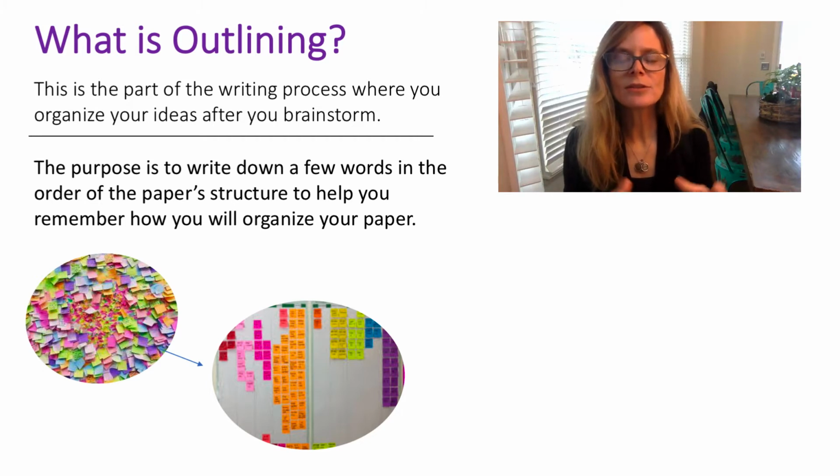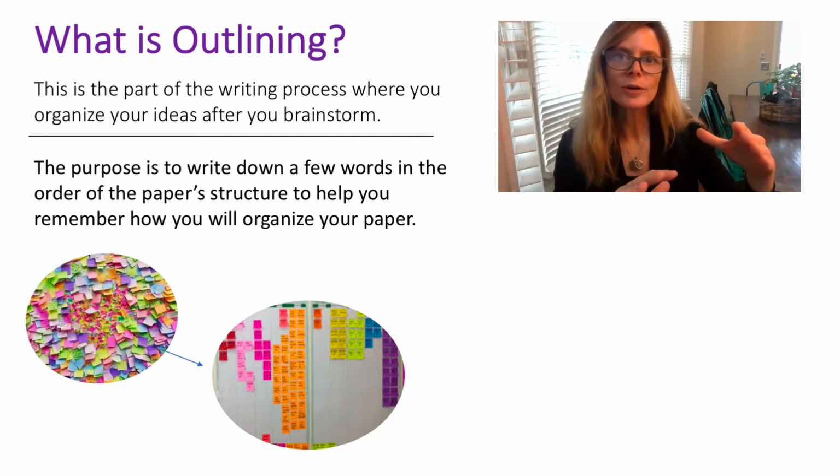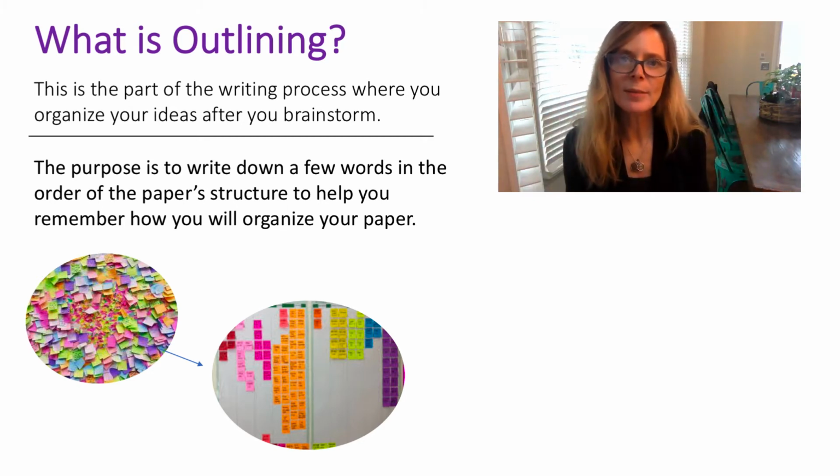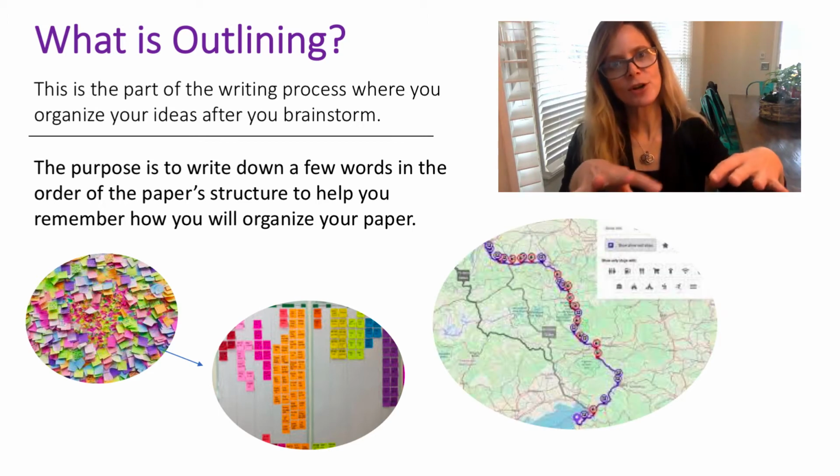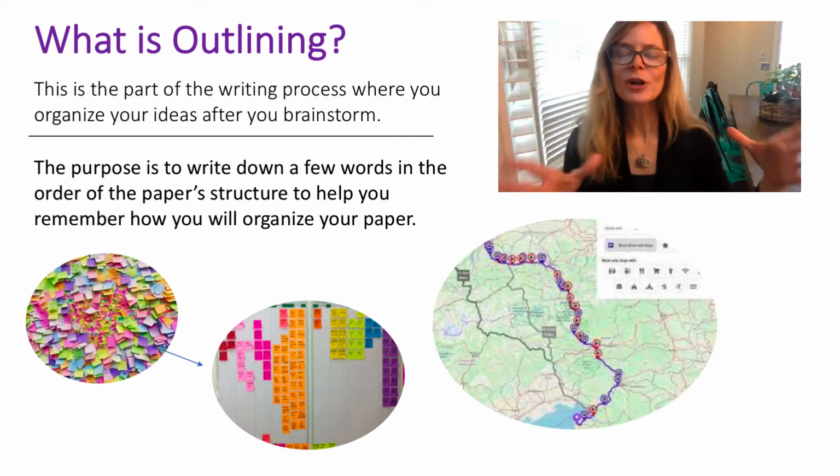But you want to write your ideas down in the order of the paper structure to help you remember and to organize your paper. I like to think of the outline like a map of where you're going. When you plan a road trip, you know where you're going.